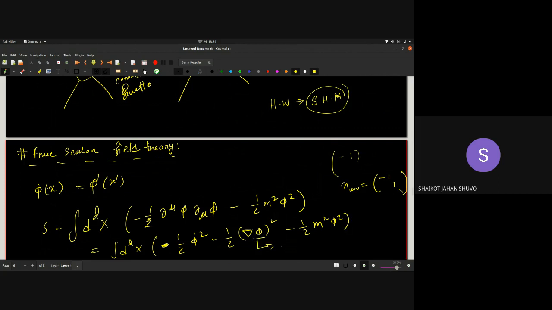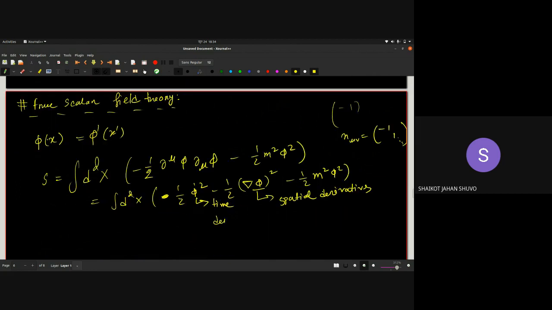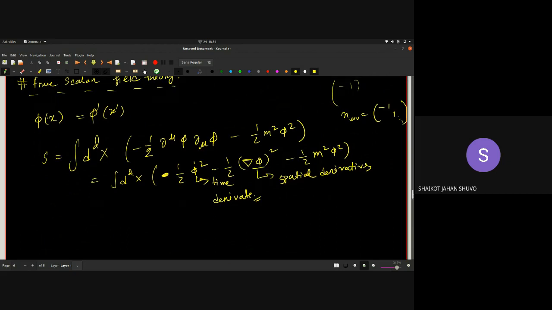So these are the spatial derivatives. This is the time derivative. Don't worry if you don't get any of this. Don't worry about it right now.